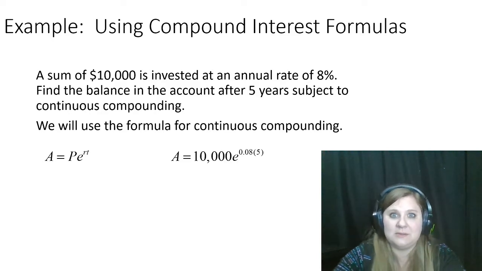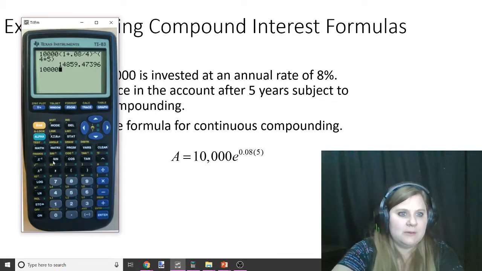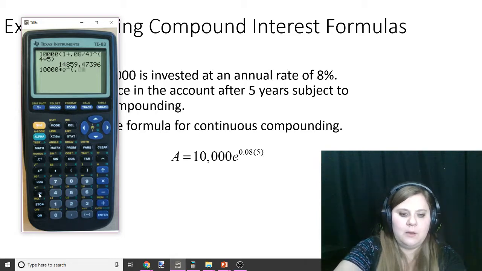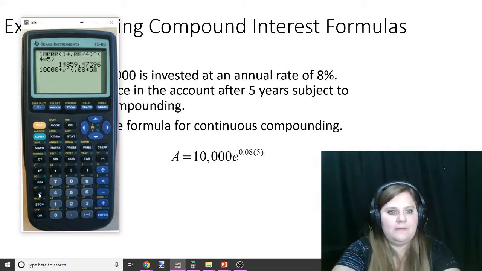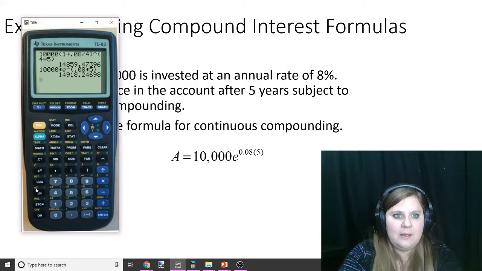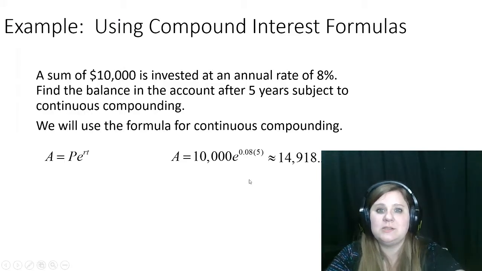So all of that is still the same. But now in our calculator, we do 10,000 times e to the 0.08 times 5. Notice I have to type my e from here again. And you'll notice that I get $14,918.25.